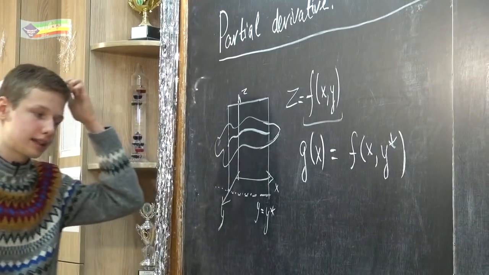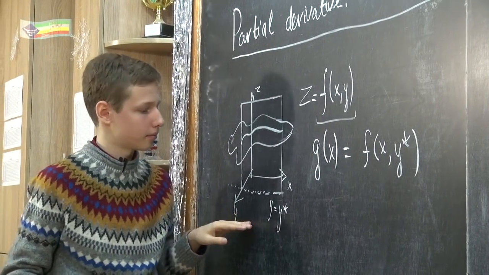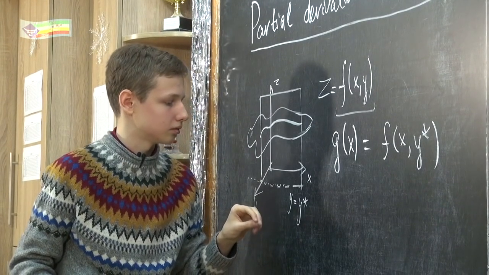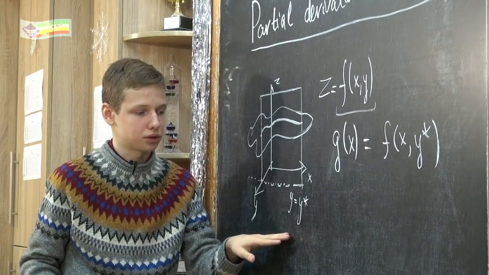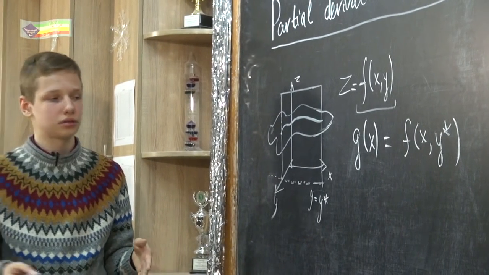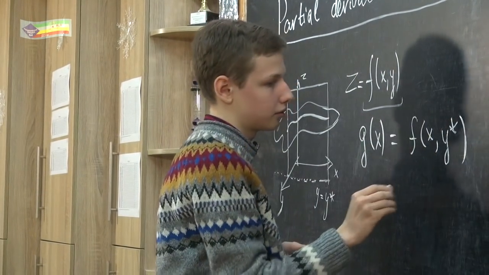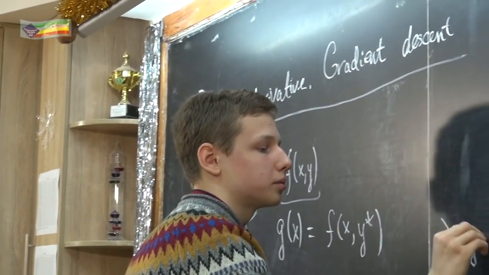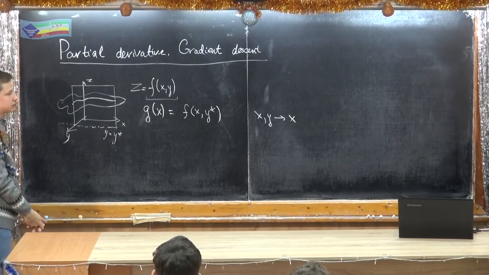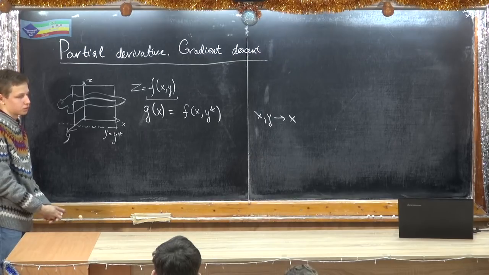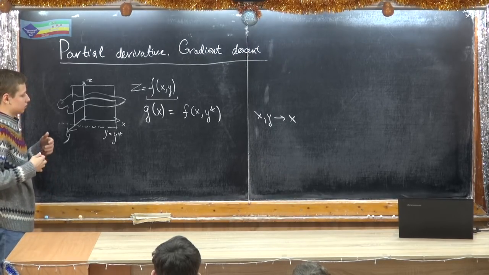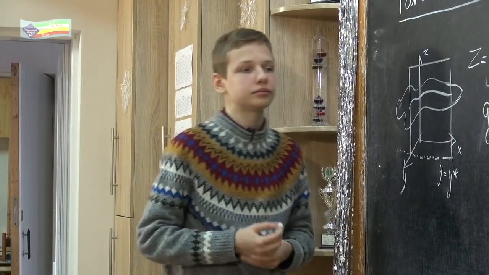So we've taken points of the 3D graph which are placed at the y coordinate equal to y star, and we've reduced the number of parameters from 2 to 1. And now we already know how to work with a graph with one variable, and how to calculate the slope of this line.